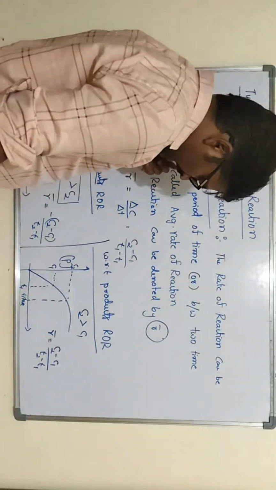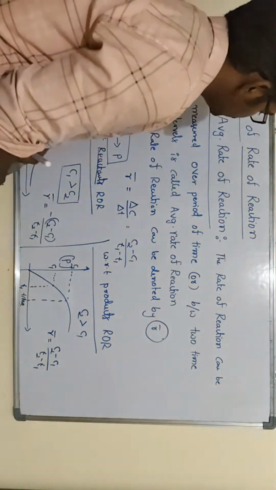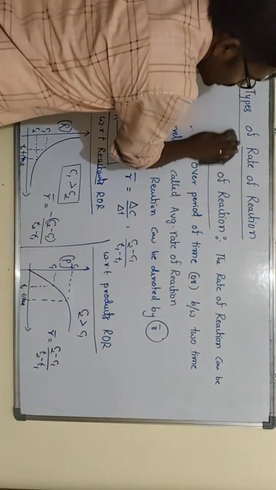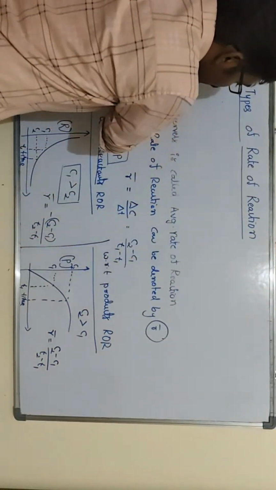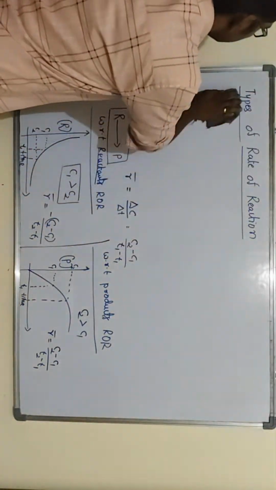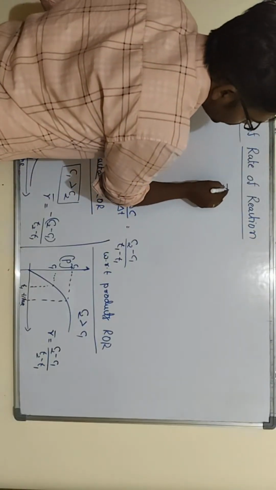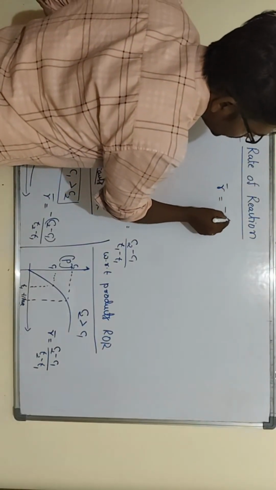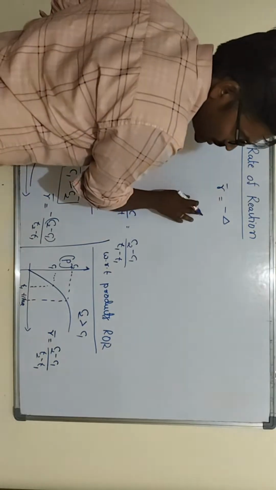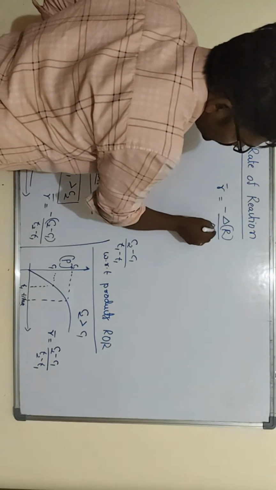Look at the average rate of reaction with respect to the reactants and products. The average rate of reaction equals minus the change in the concentration of reactant divided by the change in time.